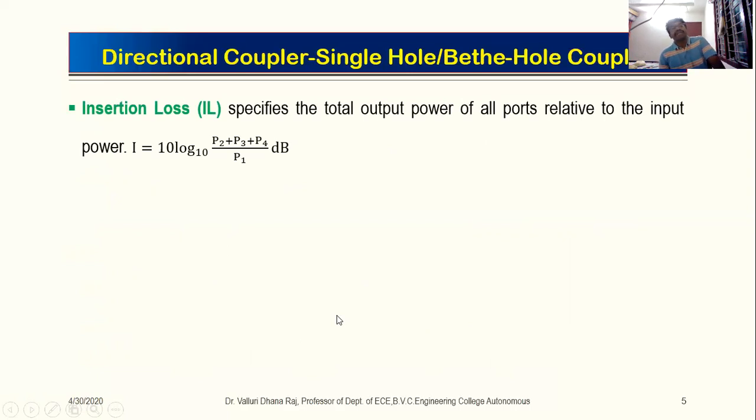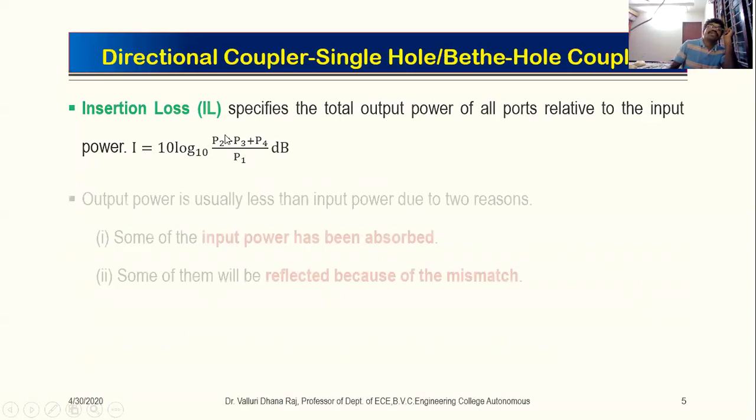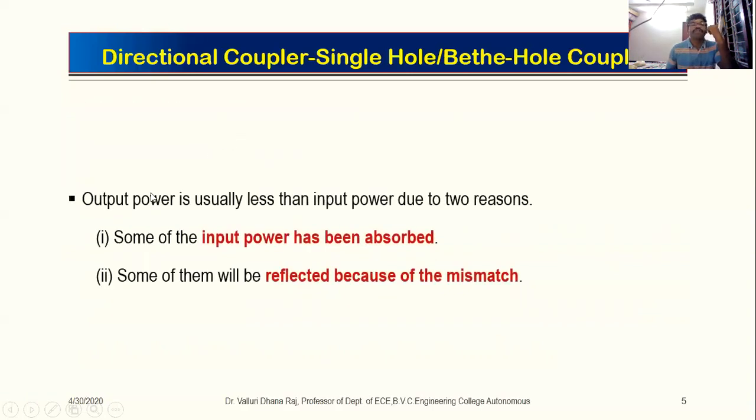The fourth parameter is insertion loss, which specifies the total output power of the ports relative to the input power. So we calculate the total power P2, P3, P4 divided by P1, the input, and find the insertion loss using this formula.